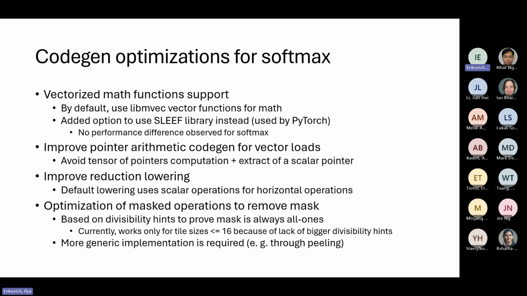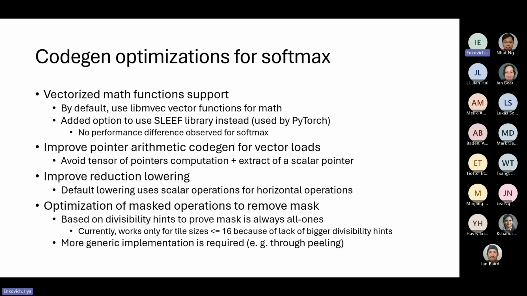And right now, we detect patterns of such tile loads where total tensor size is divisible by tile size. And we use divisibility hints for that. Unfortunately, right now, divisibility hints are limited by 16, so if the size is more than 16, this optimization cannot be used.